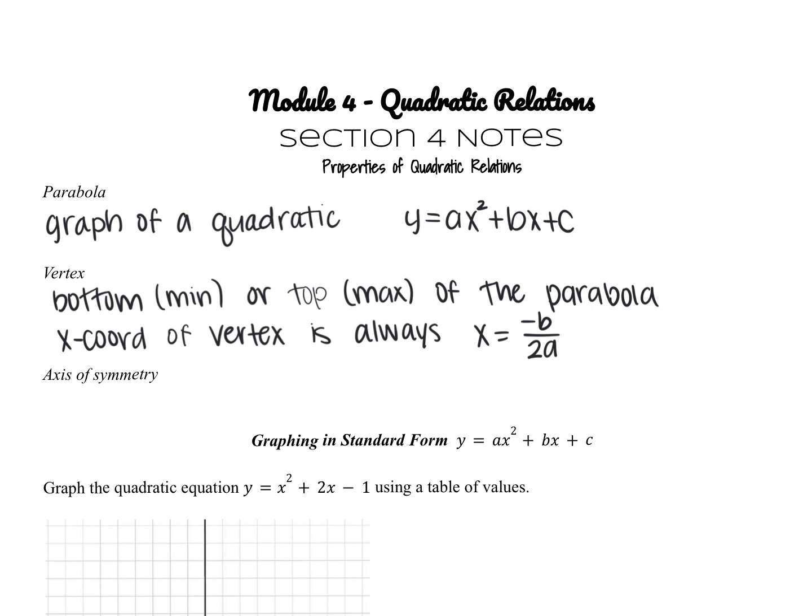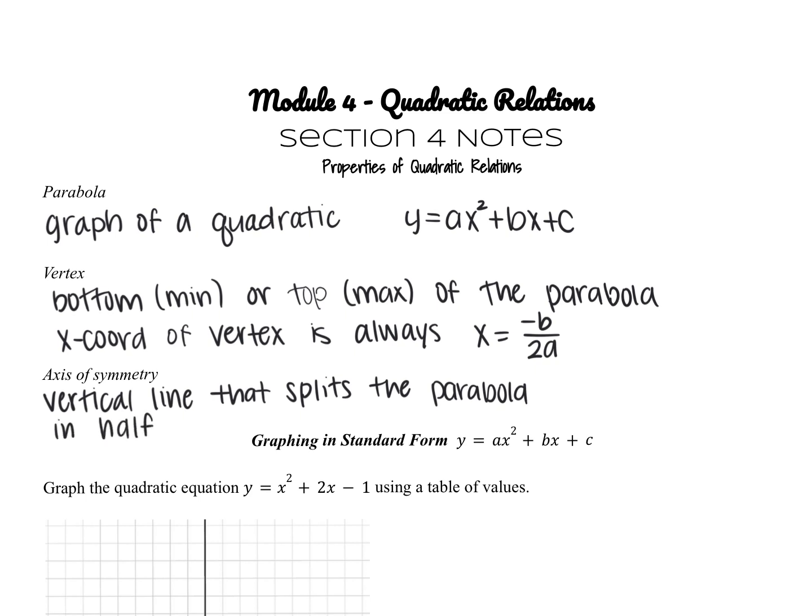And then we have something called the axis of symmetry. The axis of symmetry is a vertical line that splits the parabola in half.